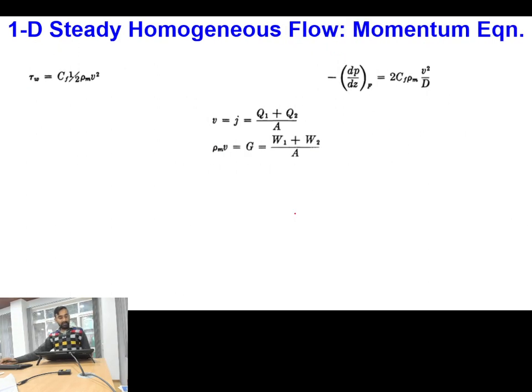Okay. Now comes another perspective. Whenever we calculate wall shear stress, estimation of wall shear stress is actually challenging. Whenever we consider the homogeneous flow approach, we are not looking into the variation of velocity along the radial direction.